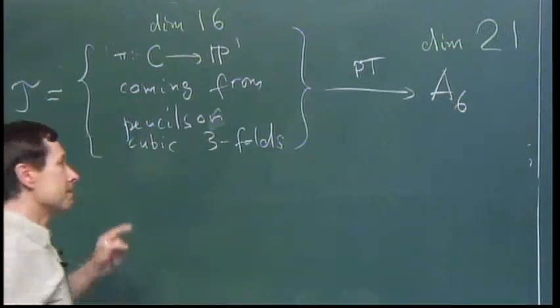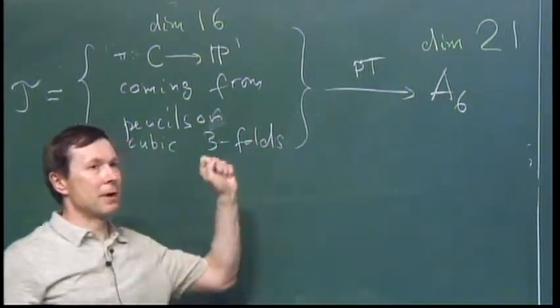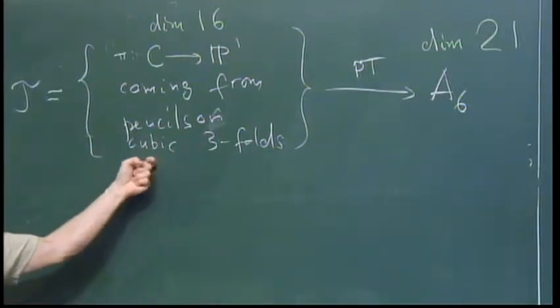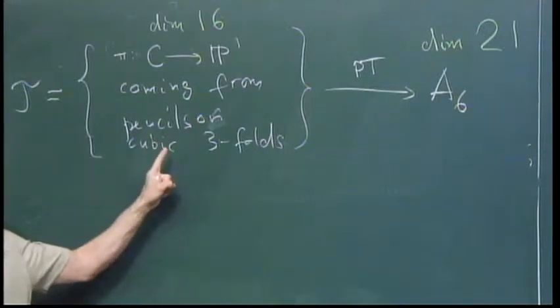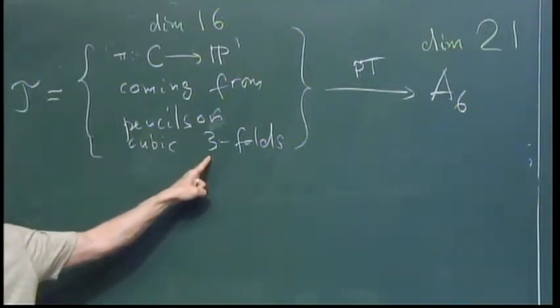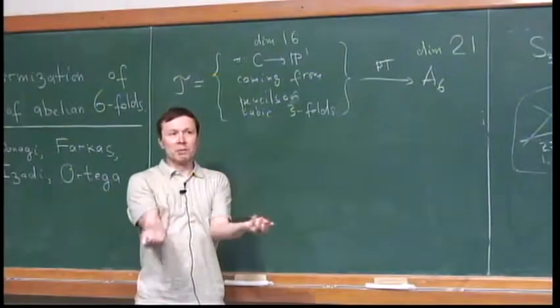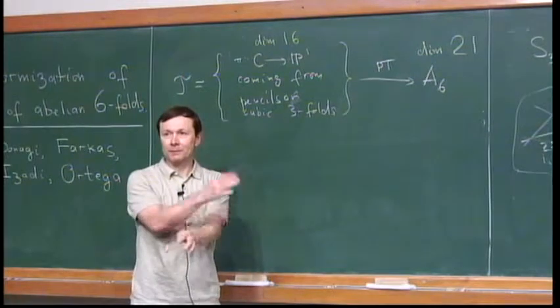But more than that, you can compute this map. This is an easy map. So a pencil like that goes to the intermediate Jacobian of this cubic 3-fold, which is a principally polarized 5-fold, plus an elliptic curve. And this elliptic curve is the base locus of that pencil. It's a cubic curve.